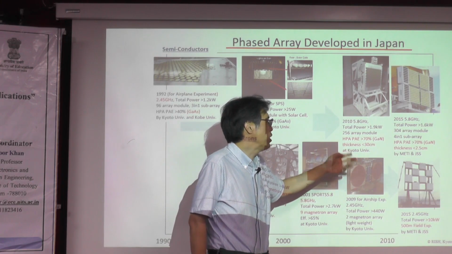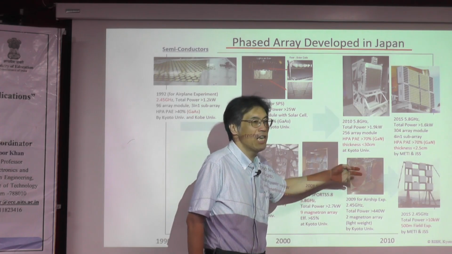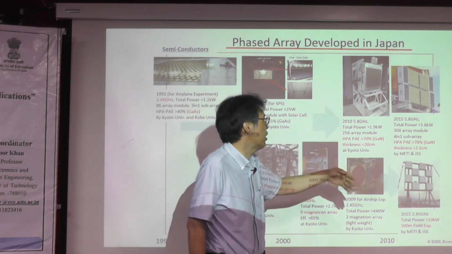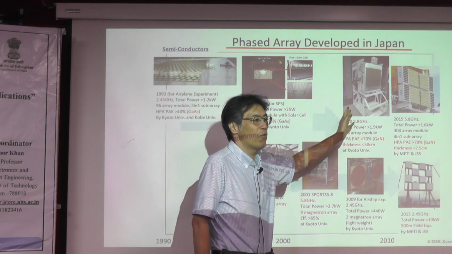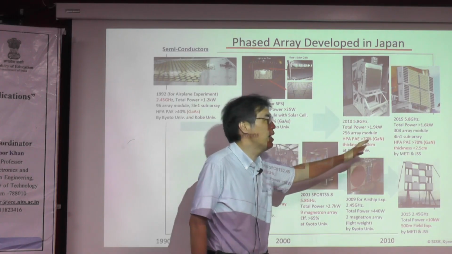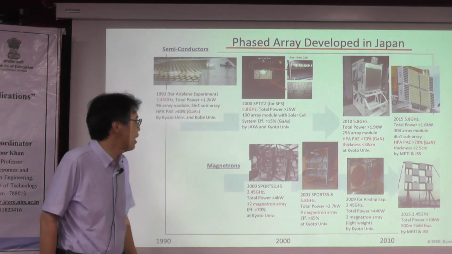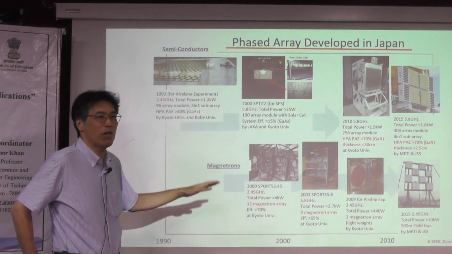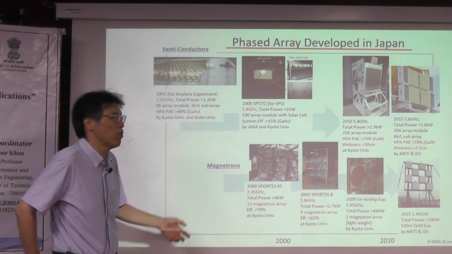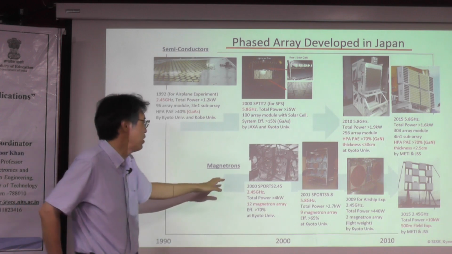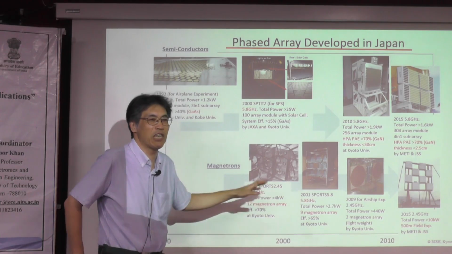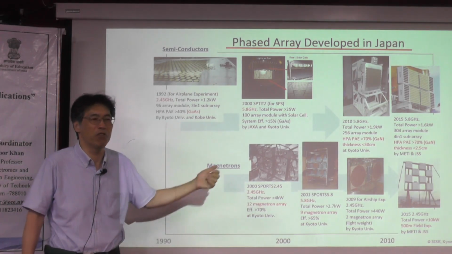So we can increase the efficiency, and we can increase the accuracy of the phase control, etc. And we keep this development now. In parallel, to reduce the cost, we, Kyoto University, mainly propose the phased array with the magnetron, and this is the second topic in this lecture. I will explain later.